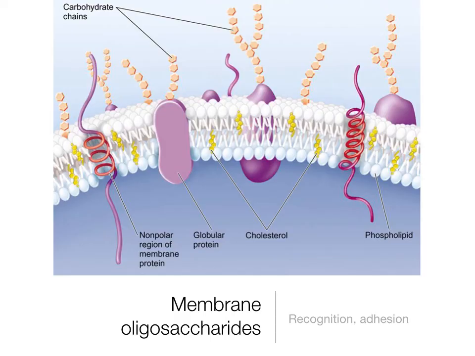Speaking of the glycolipids and sugary additions to the plasma membrane, I want to highlight the fact that membrane sugars, or membrane oligosaccharides, will be extremely important for the recognition and adhesion to other cells and to extracellular substances.